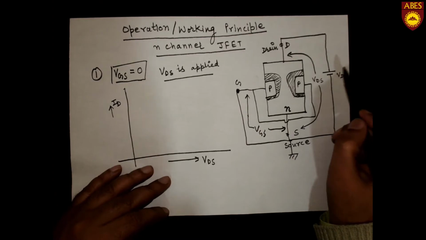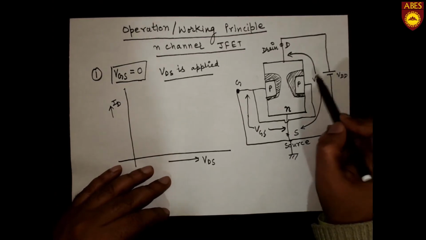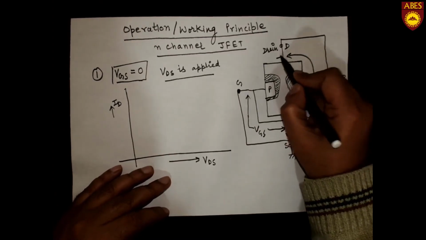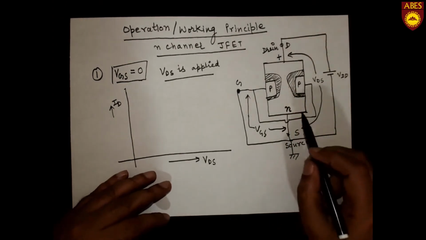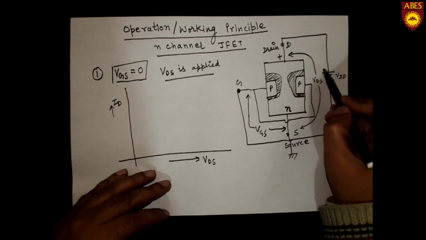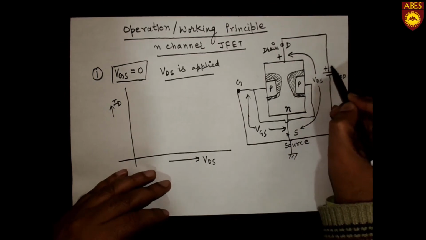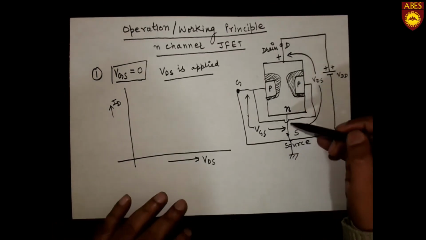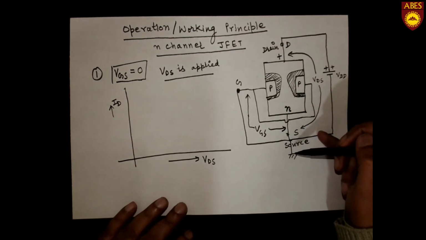When we apply VDS, this terminal will become more positive than this terminal, as the positive terminal of the battery is connected to the drain and the source terminal is grounded.